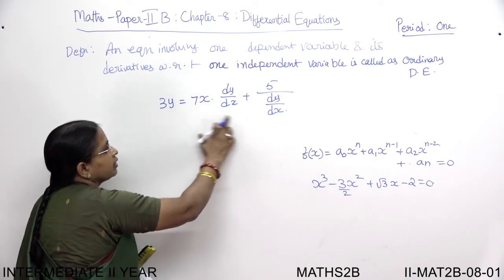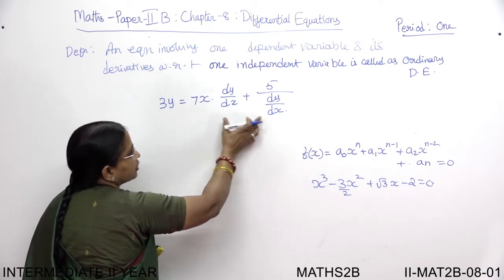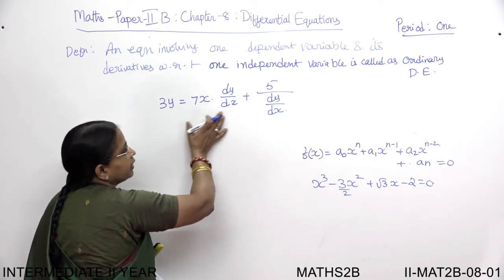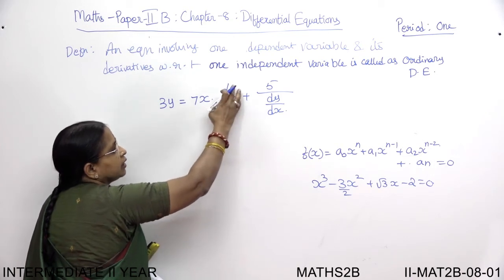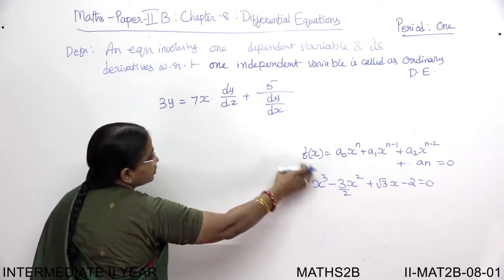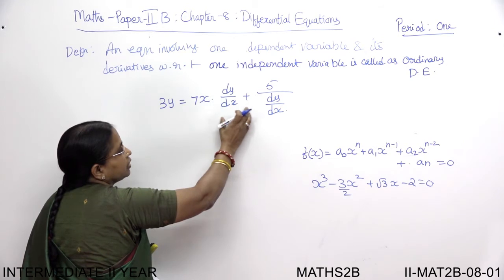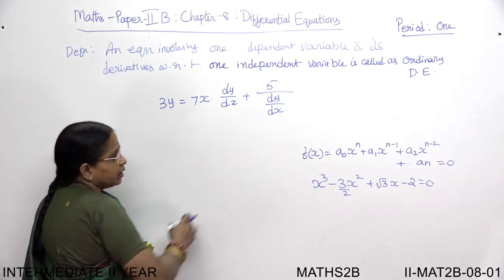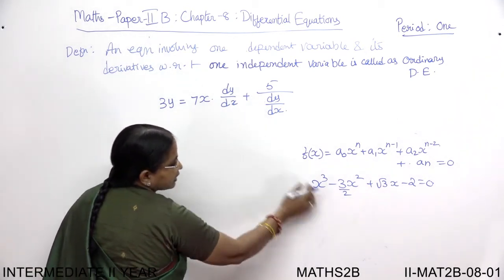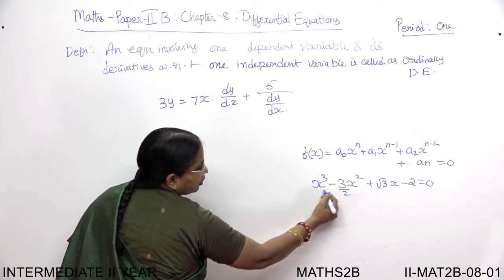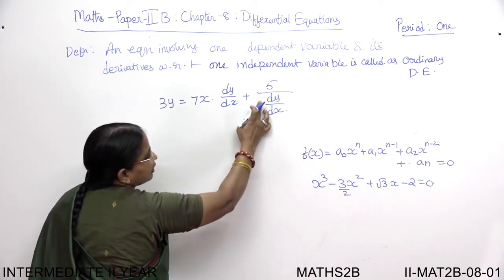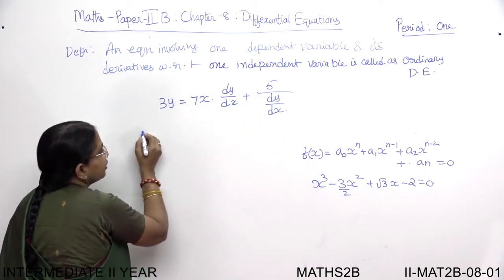In the same way here, the equation should be a polynomial equation in the derivatives. For a polynomial, you cannot have x in the denominator. In the same way, dy by dx should not be in the denominator.